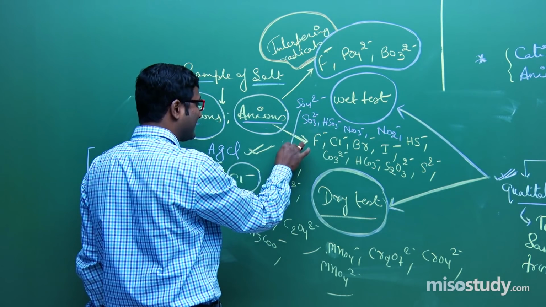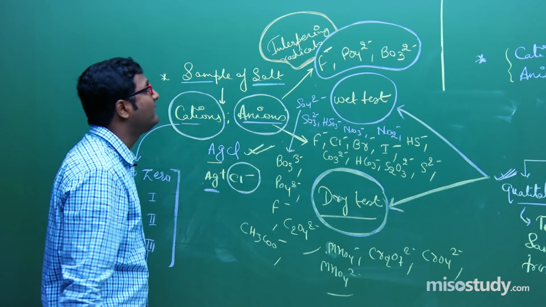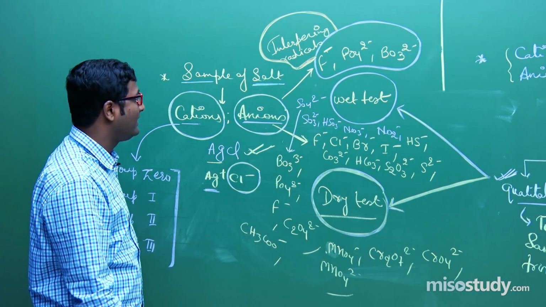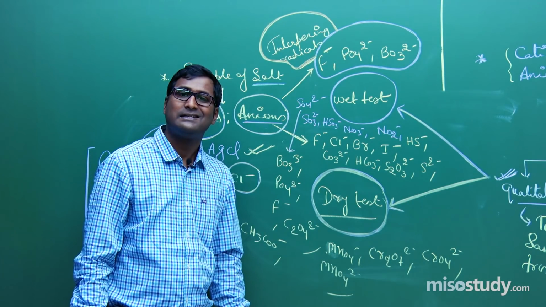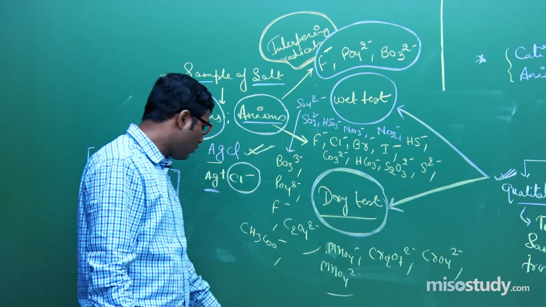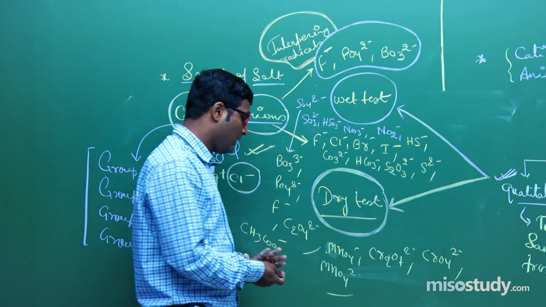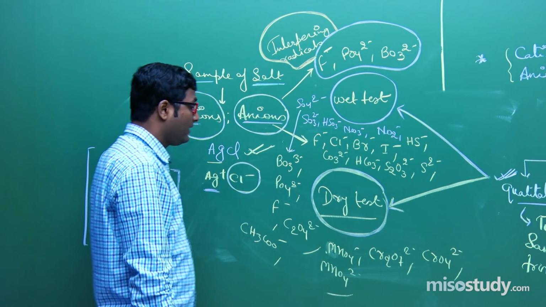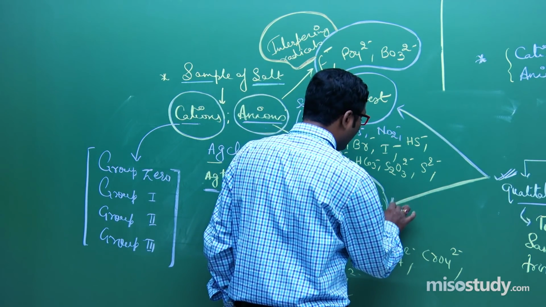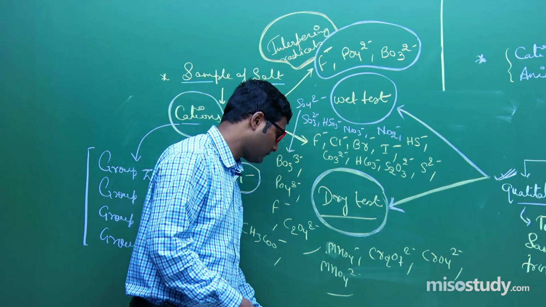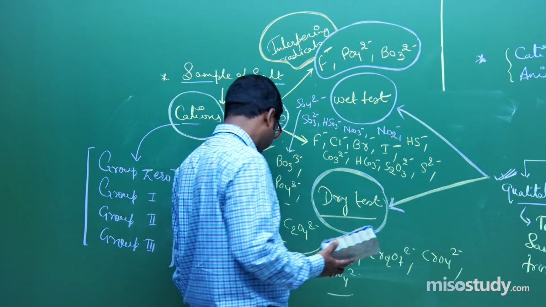Now these are categorized into 2 different classes, and these 2 classes are further divided into 2 subclasses, and we'll discuss one by one. First of all, we will do the preliminary test, then we'll do the secondary test. Clear to you?